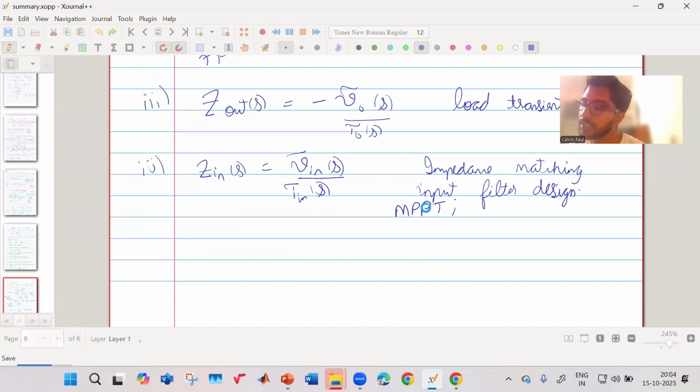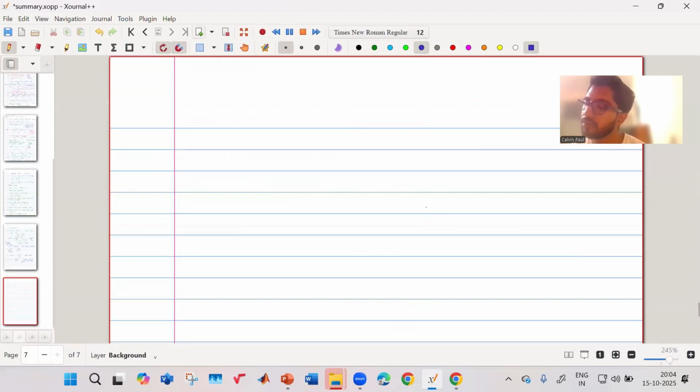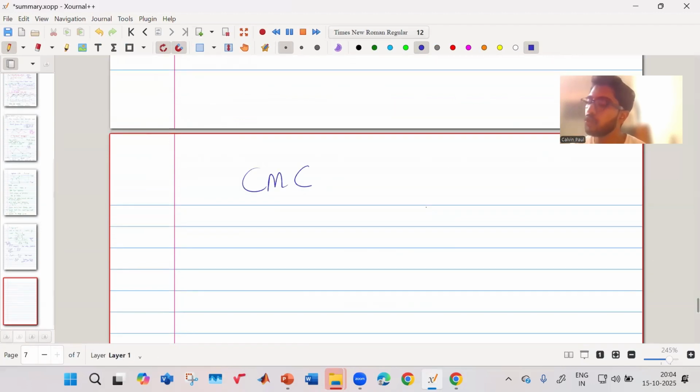So after this, let us see current mode control. These transfer functions, GVD of S and all, are for voltage mode control. Now in current mode control, what do we do? We set our control current reference to be approximately equal to the inductor current perturbation.